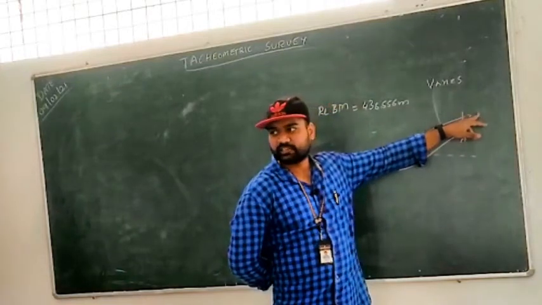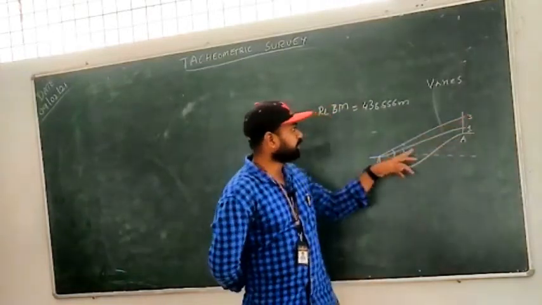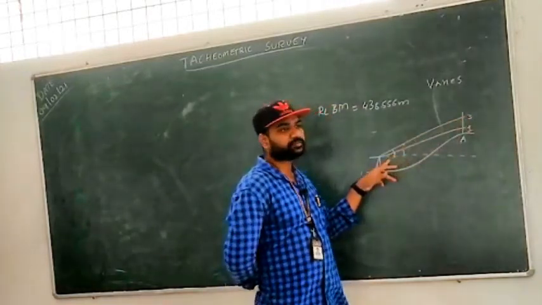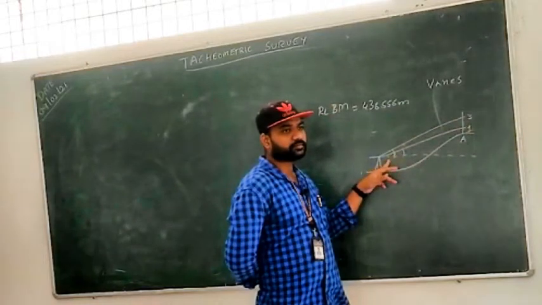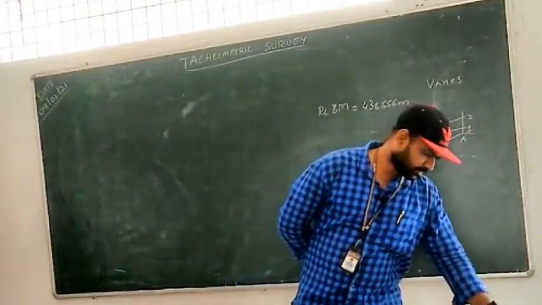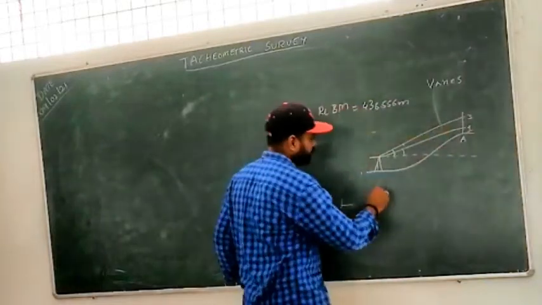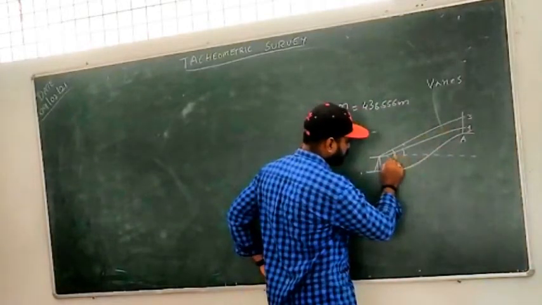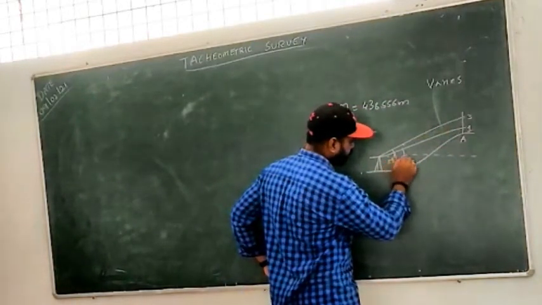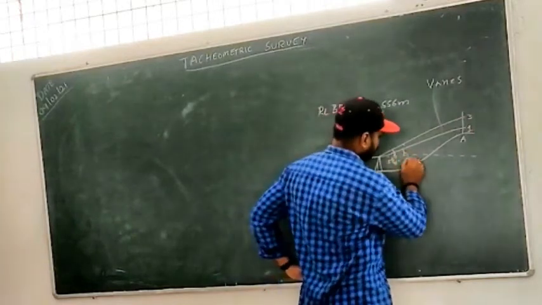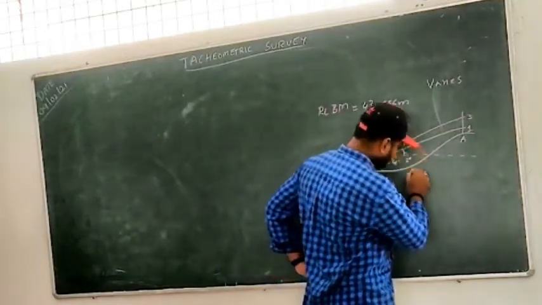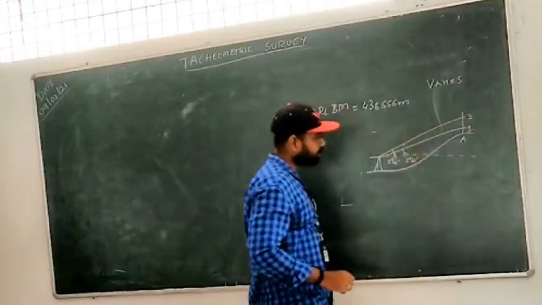So two readings you are getting on the leveling staff. And for 3 meter, what will be the angle? Yes, 5 degree. So this is 5 degree 48 minute. And what about this one? 2 degree 30 minutes. Right? Okay.